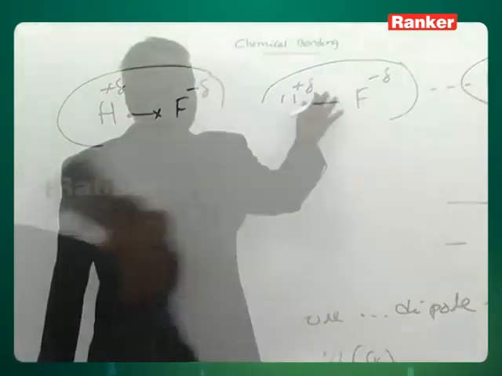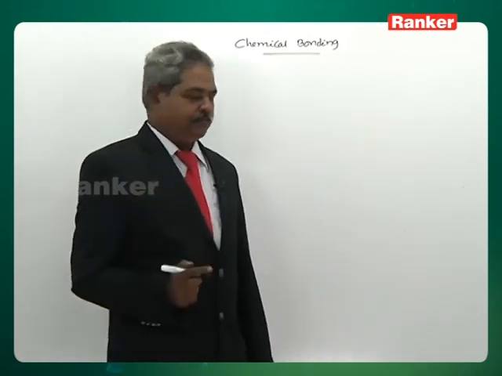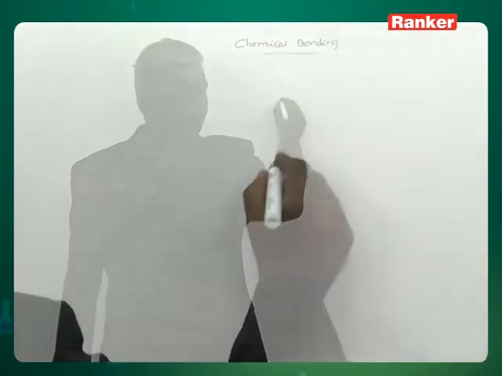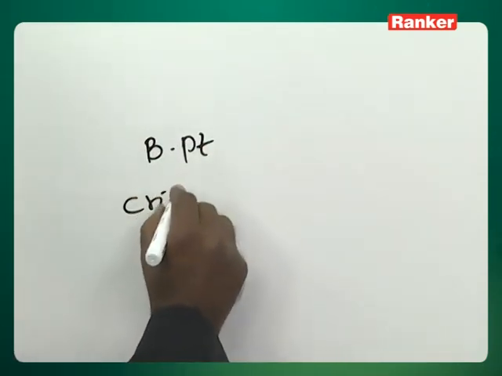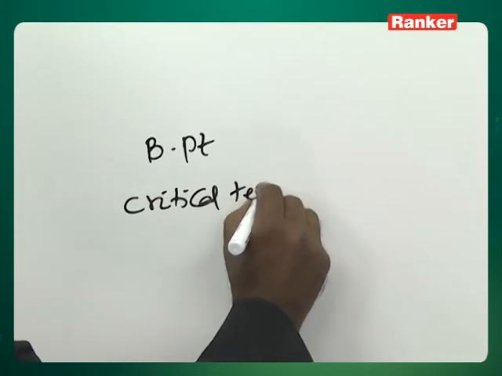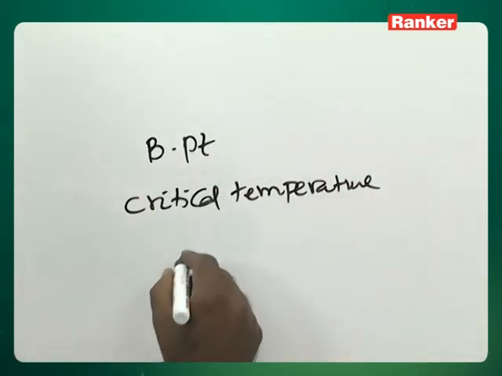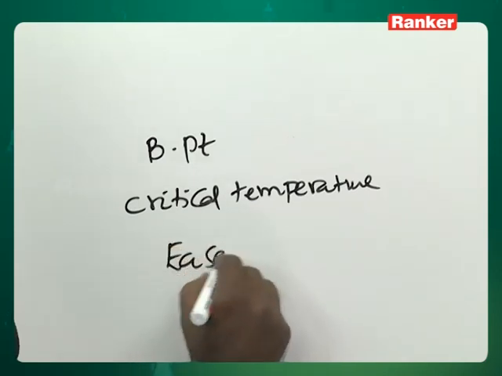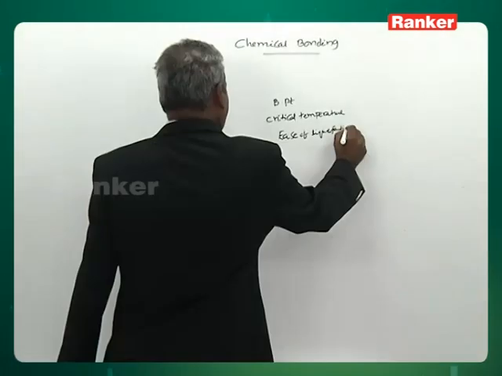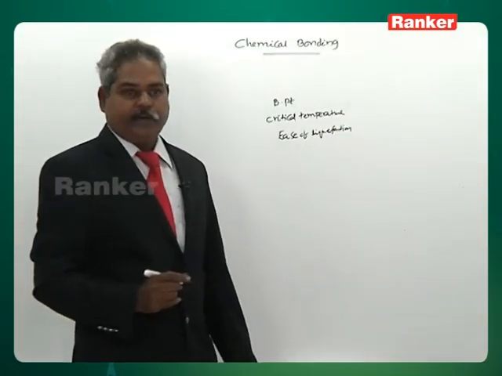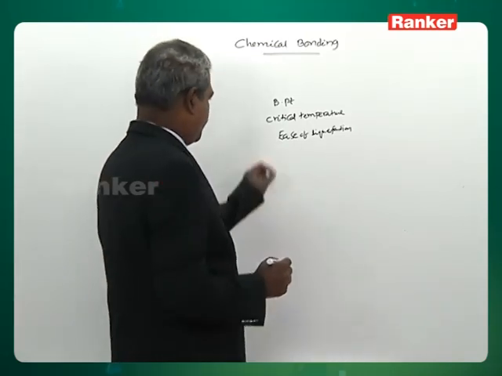Now, how to decide boiling points of all substances? Look here. There are so many factors like boiling point, critical temperature, which you learn in different topics, ease of liquefaction, how easily you can liquefy something, ease of adsorption.